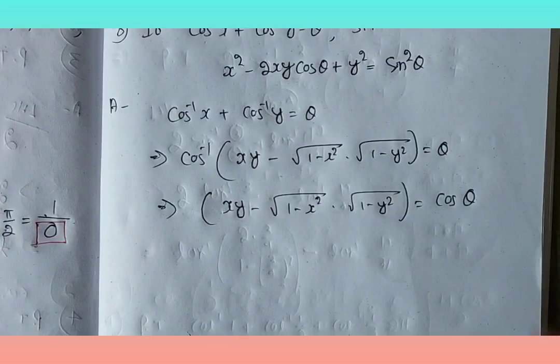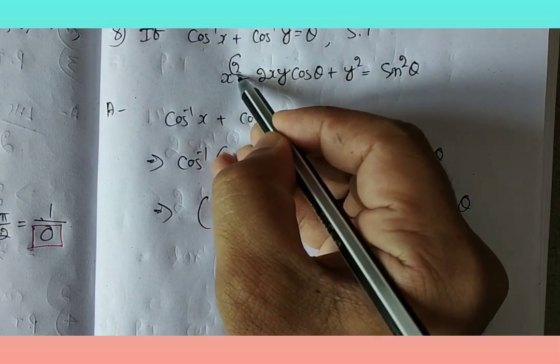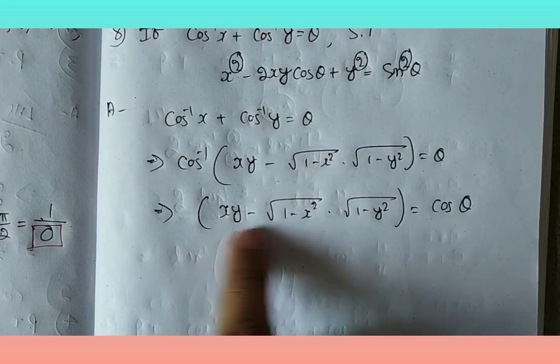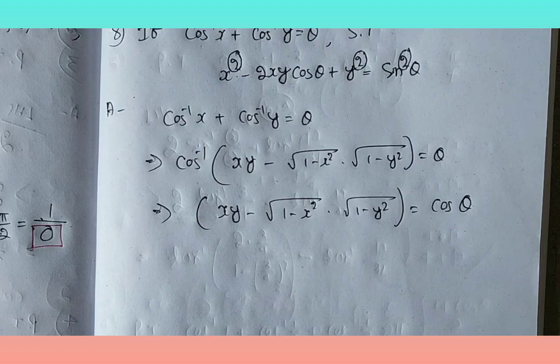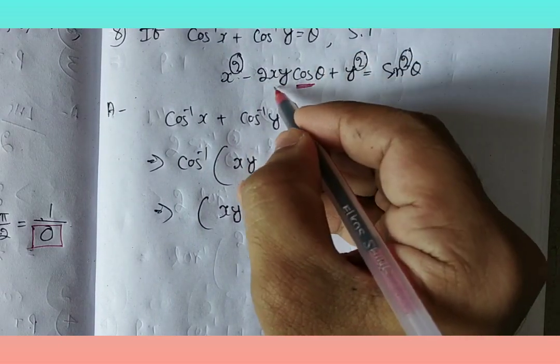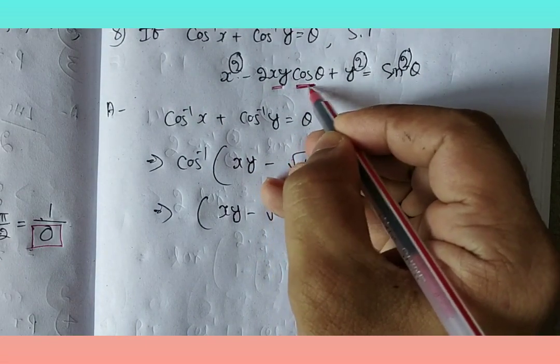Now, the proof contains square terms. That means we have to square this equation, squaring both sides. And the cos theta is with the xy term.